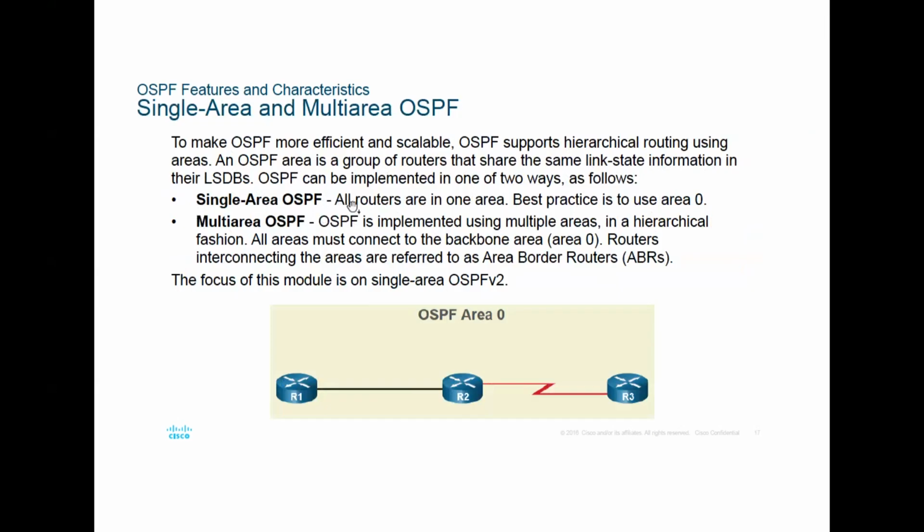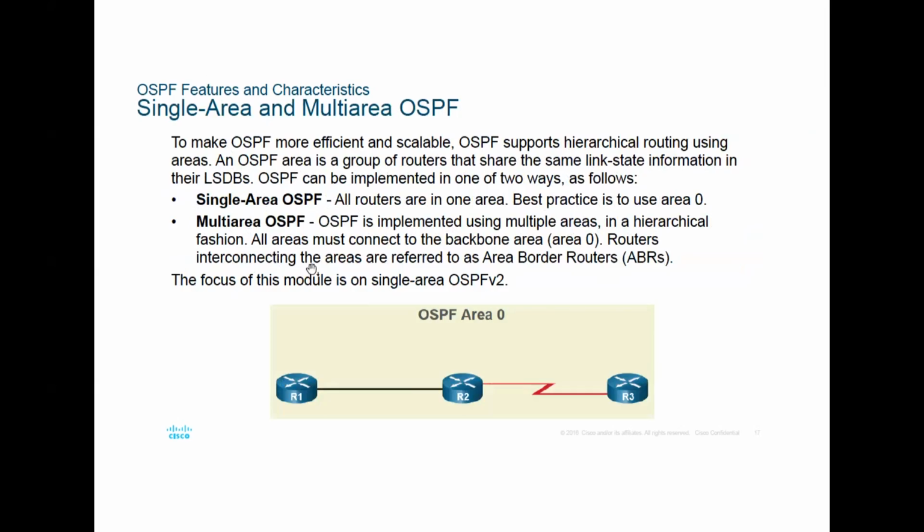For single area OSPF, all routers are in one area. Best practice is to use area 0. For multi-area OSPF, OSPF is implemented using multiple areas in a hierarchical fashion. All areas must connect to the backbone area, which is area 0.